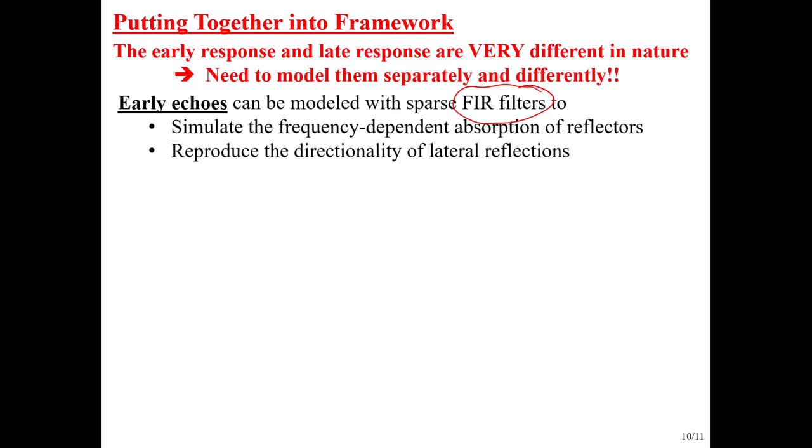So in other words, we don't have to have a tap after every single delay. That's how we can implement this early response, and we'll see some of that. And we can even then say, well, we've learned that these different echoes might have different frequency responses, so we can handle that as well. And we can also handle some directionality.